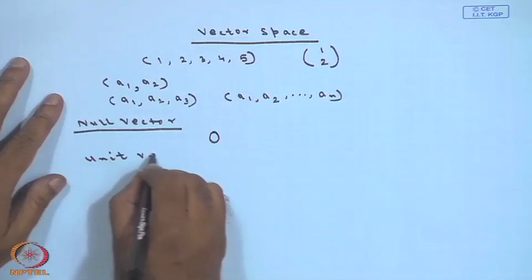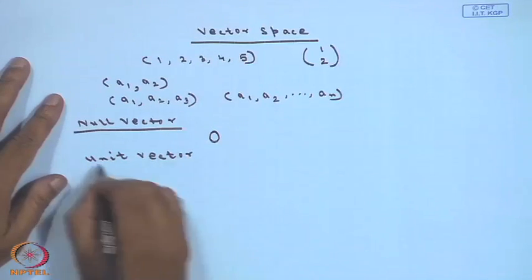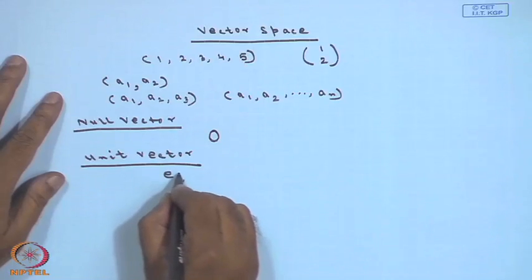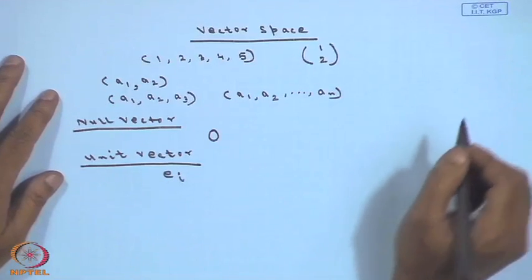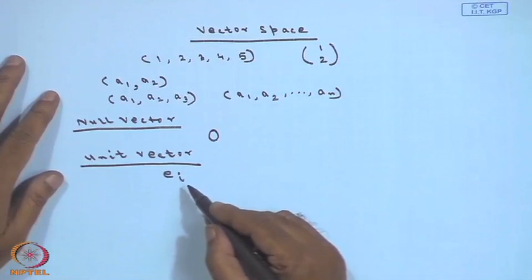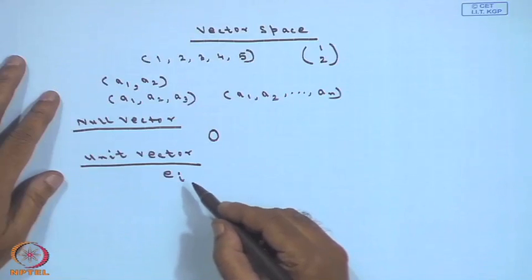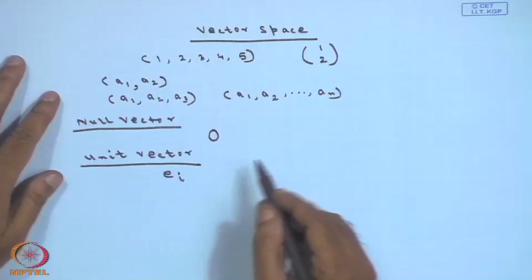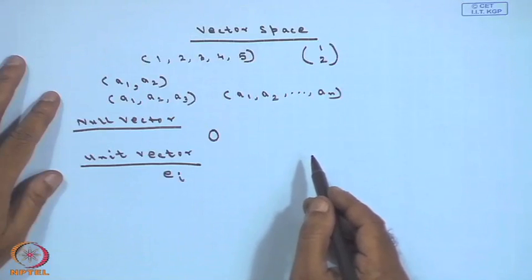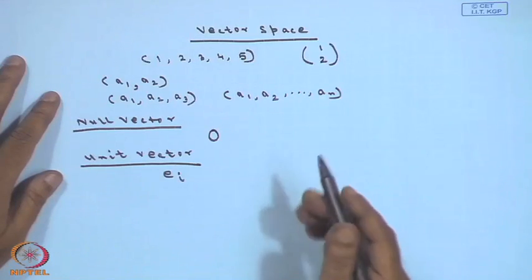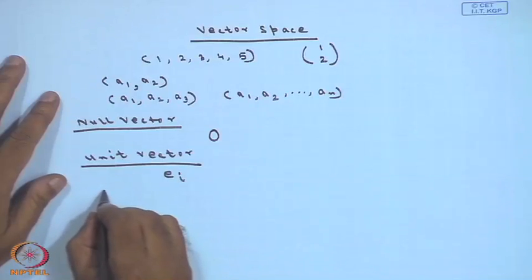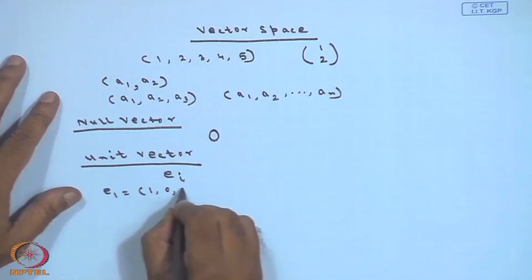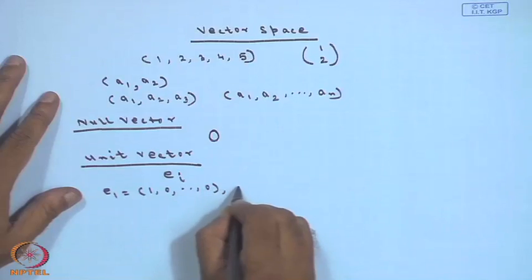Next one is the unit vector. Unit vector, usually we denote it by Ei, is such that the ith component has value 1 and all other components have value 0. Then we call it the unit vector. So, when you are writing E1, that means the first component will be 1, all other components will be 0.